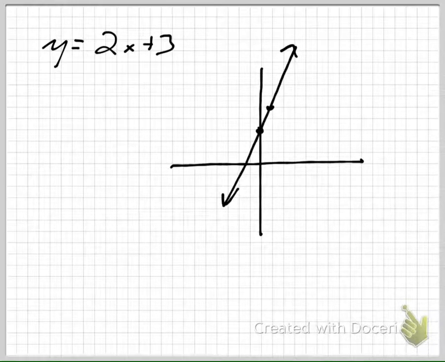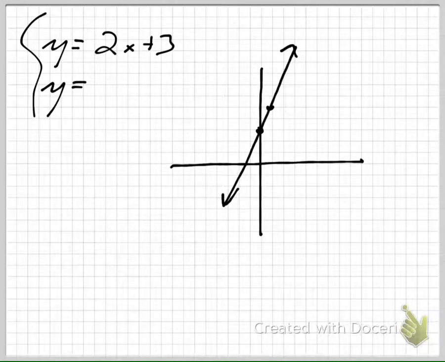This is an equation, or this is a line. When I give you a second one, and I say that this is a system, and I go y equals x minus 2, what this means is there's a second line out there.